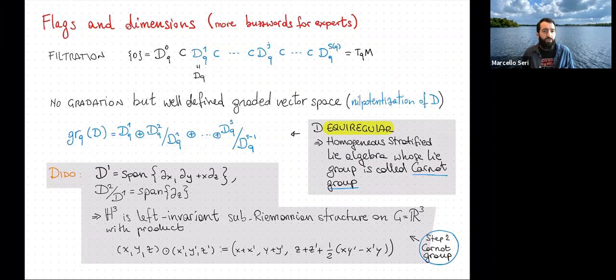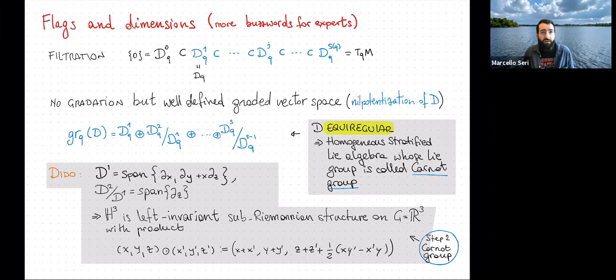And going back to Dido being the Heisenberg group, again, for people that know what I'm talking about, if you take R3 and you define the product of 2 points like this, so you sum the first 2 coordinates, and then you have something that resembles our one form here at the 3rd coordinate, then this allows you to define a left invariant structure.